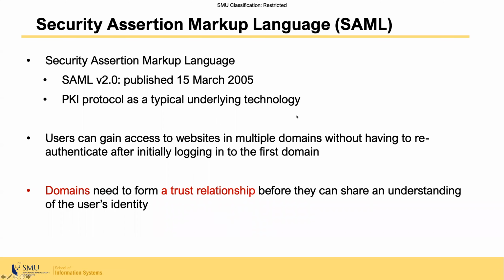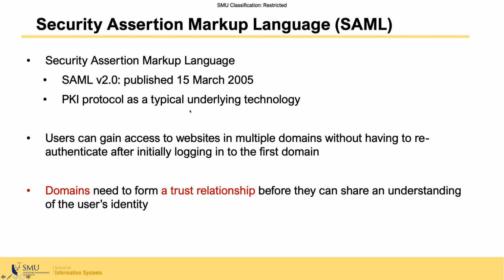In fact, there are many different single sign-on implementations, but the SAML protocol is the most widely used single sign-on service for web services. It is short for Security Assertion Markup Language. And the latest version that we have is SAML version 2.0, which was published in 2005.